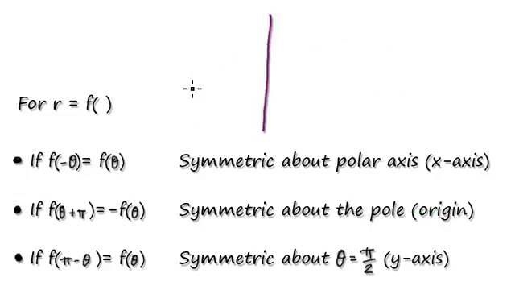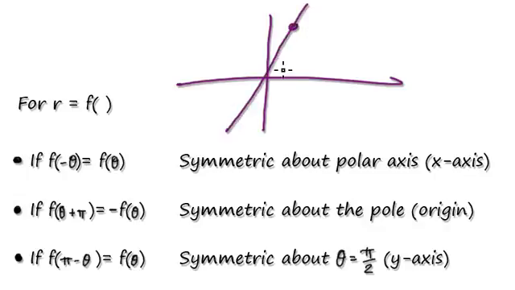If you have a point here, and the angle here is whatever, and let's say the radius here is 3, symmetry along the origin would mean the angle will still be the same, but the radius would be negative 3.